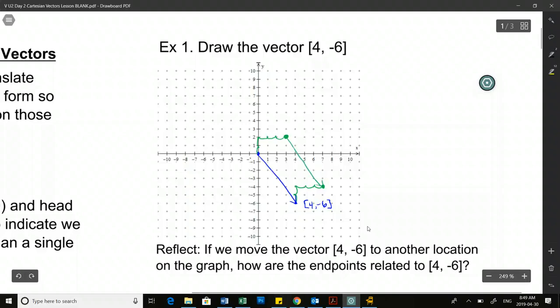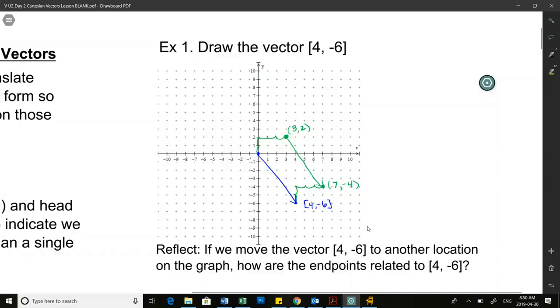So my question is, how are the tip and tail of this vector related to the vector [4, -6]? The tail of this one is 3, 2, and the tip is now 7, -4. If we look at 7 and 3 and -4 and 2, Ryan?